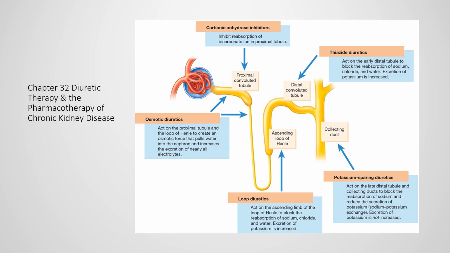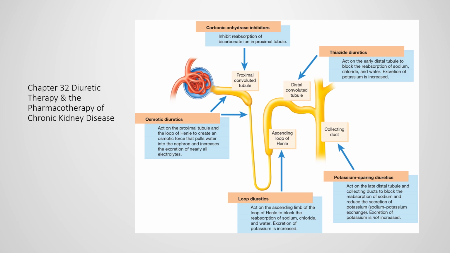They're very similar. Furosemide, bumetanide. And they have a significant diuretic effect because they're still working quite close to the glomerulus. So they have a significant diuretic effect.